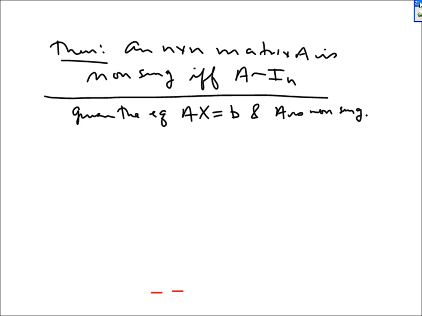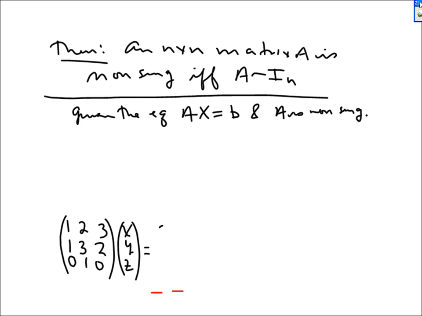Now, just to remind you, so you're up to speed, if this is A, and you're multiplying it by x, and you want to get b, which is 201. Remember, this is A, this is b, and this is big X. The question is, what is big X?